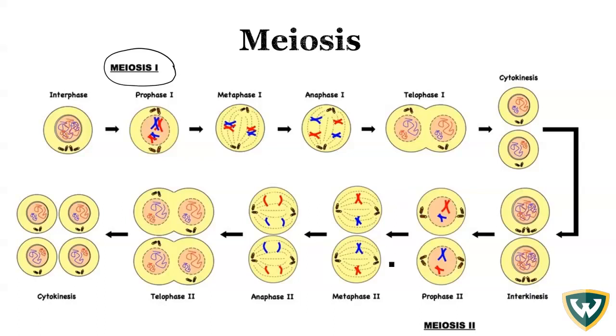But the thing with meiosis is there's two steps to meiosis. Meiosis 1 and meiosis 2. And all this means is that it repeats the process once again, because in meiosis, what you're going to end up in is 4 daughter cells with half the genetic material. Okay?